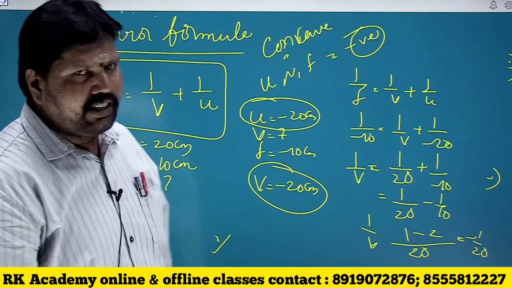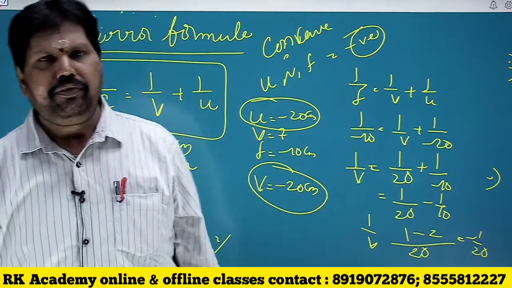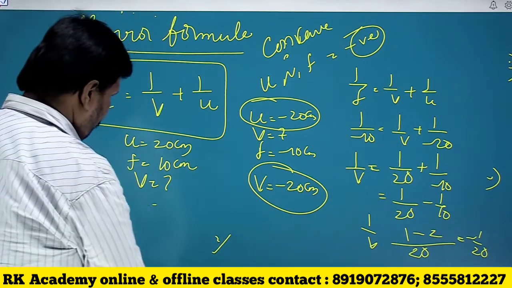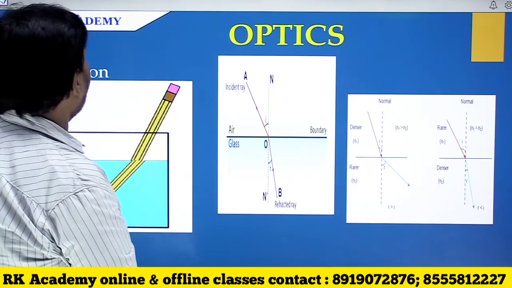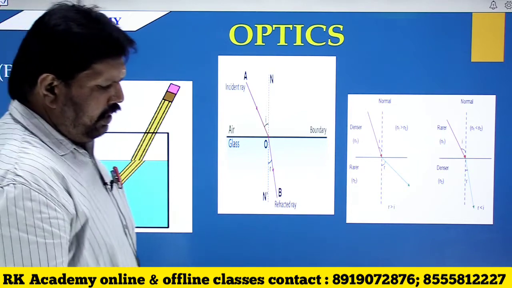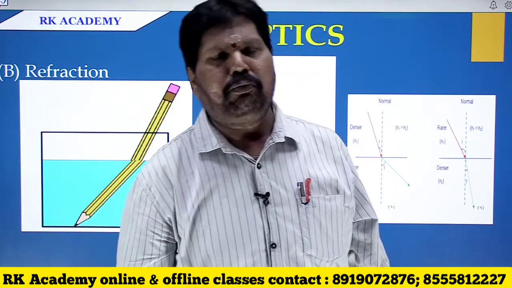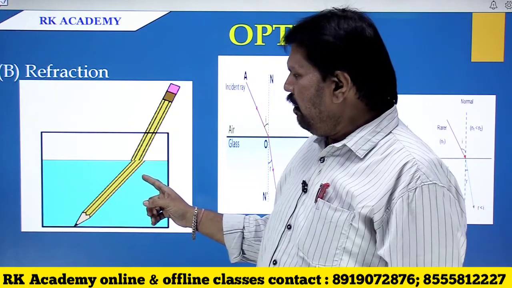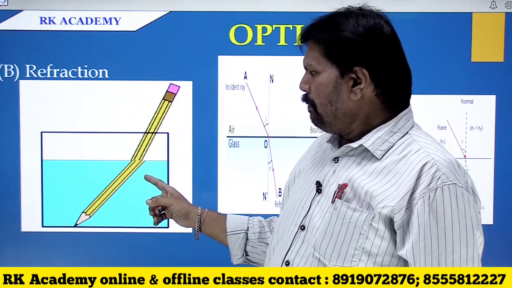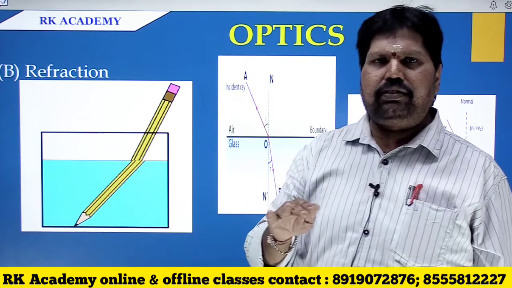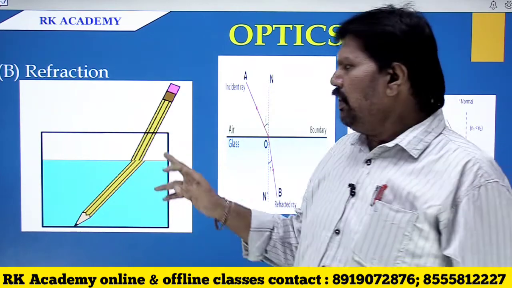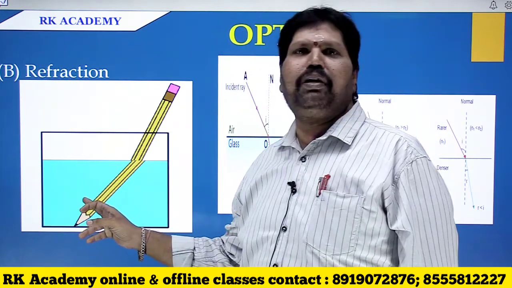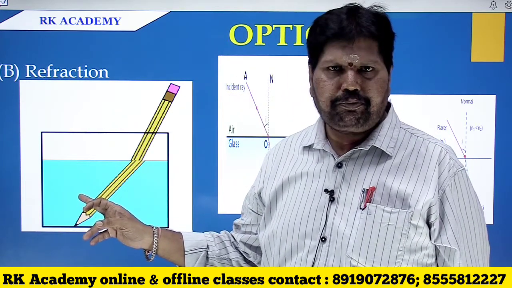Okay, now let's go with another kind of important phenomenon, that is the refraction phenomena. See, it's a common and most familiar thing that when you take a glass of water, half of its volume, and keep a pencil in it, that pencil appears to be broken or bent.